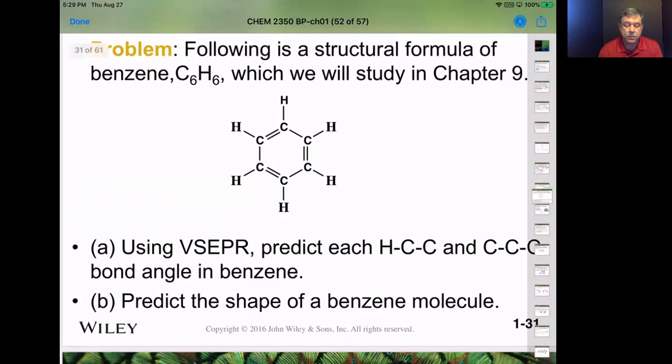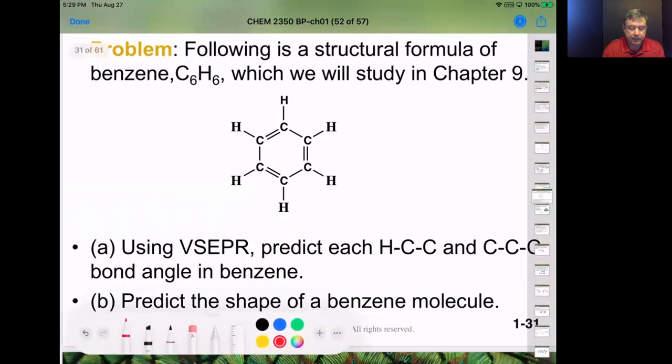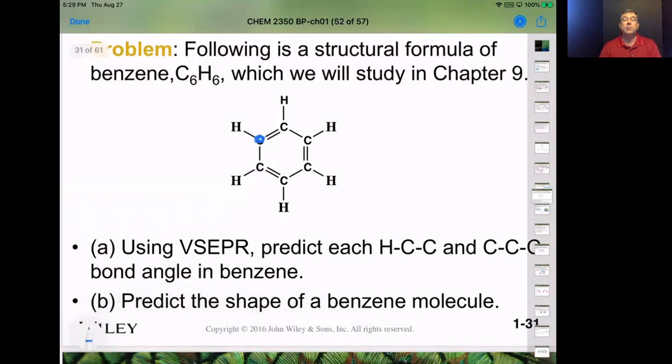Let's start with this one right here. This carbon has 3 things bonded to it, which means this makes a plane between those 3 atoms that it's bonded to. Those 3 bonds are going to form that trigonal plane. So now let's look at this carbon here.